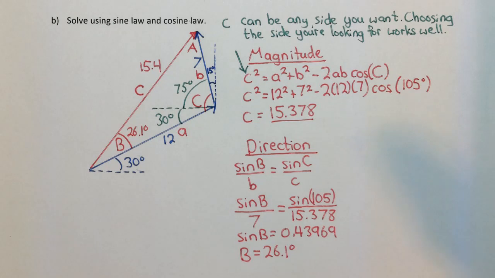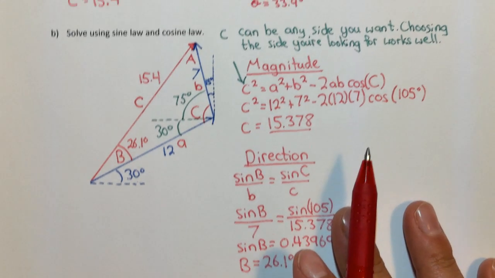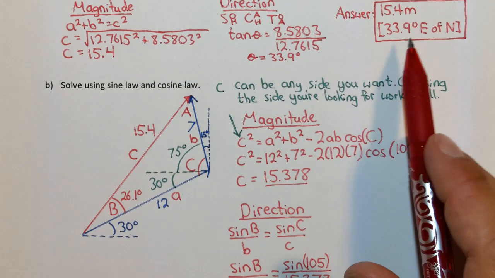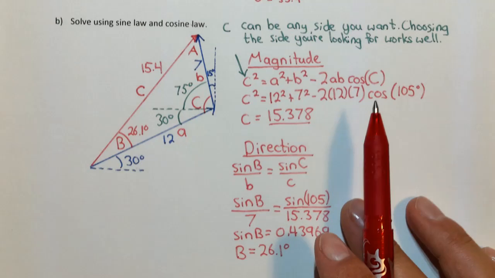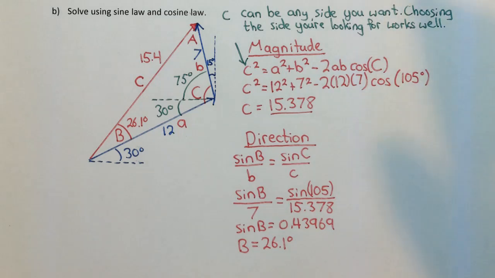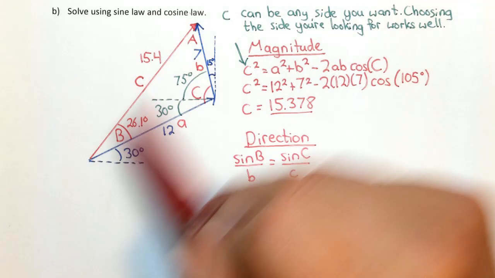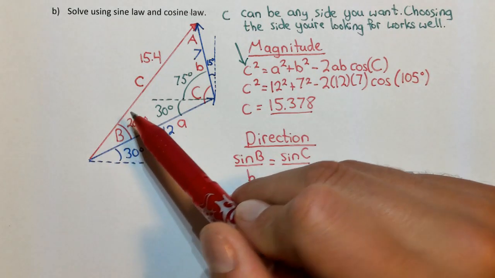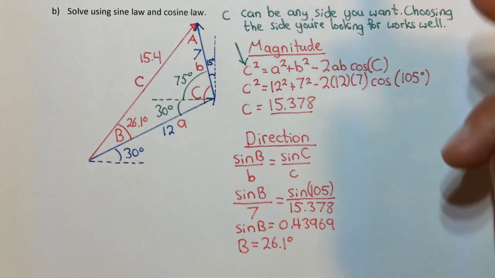Now hold on. I got an angle here, my direction of 26.1 degrees. When I did it the previous way, I got 33.9. Well, there's a couple of things going on here. It just turns out I'm not quite done yet. When I'm defining the angle of a vector, I want to compare it to one of my standard compass directions, north, east, south, or west.